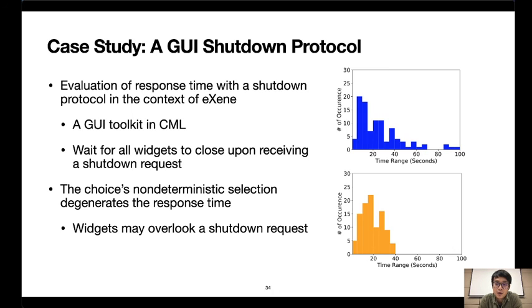Moreover, the variance of the shutdown time is far less than in CML. We conducted this experiment by only adding a priority to the shutdown event, and we achieved this benefit.